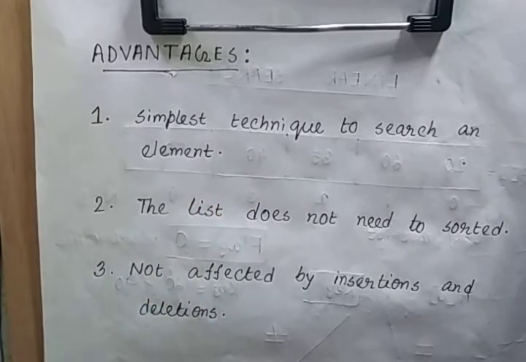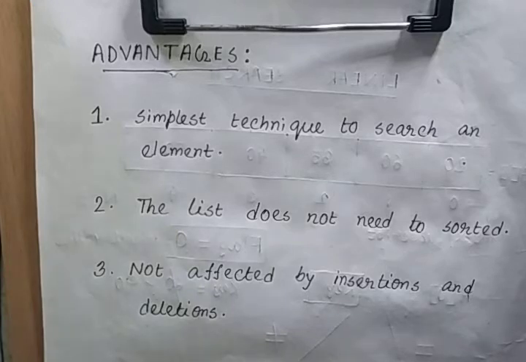Now again, in case of linear search, it's not mandatory or necessary that the array list should be in sorted order. Why is a sorted array not required here?